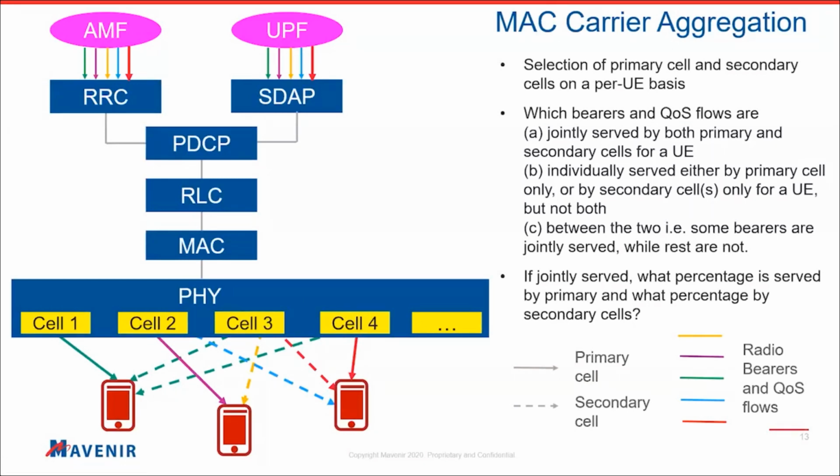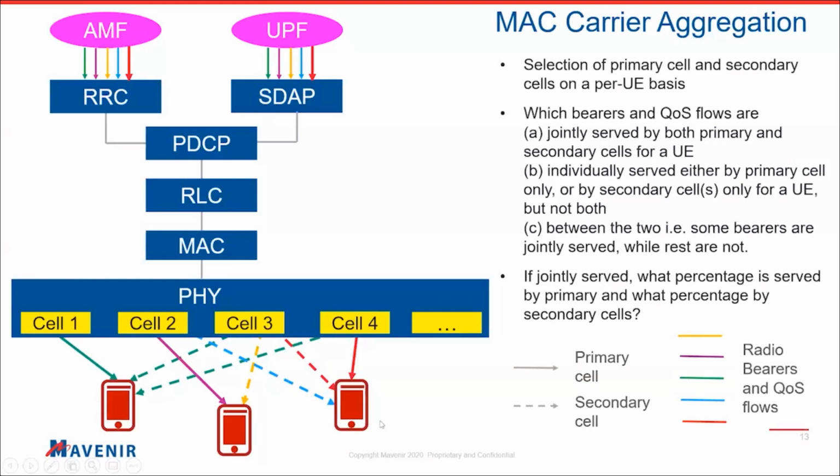If you take user 2, he is subscribing to 2 data radio bearers, one in magenta and one in yellow, but only cell 2 is serving the magenta bearer, and cell 3 is serving the yellow bearer. So the cells are not jointly serving both bearers. One cell is serving one bearer and the other cell is serving another bearer for this user.